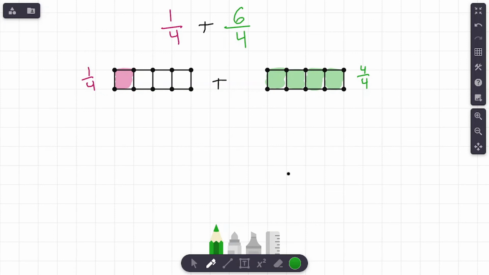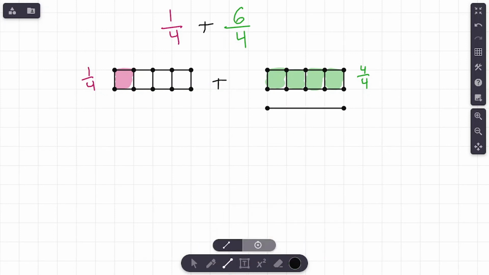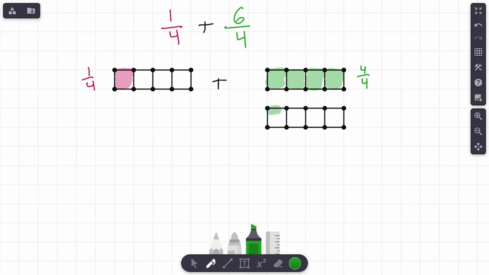We need 6/4. So let's draw another model. Same thing here, breaking it into 4 equal sized pieces. So far we've got 4/4. Now we've got 5/4, and we've got 6/4. Would you agree? 1/4, 2/4, 3/4, 4/4, 5/4, 6/4.